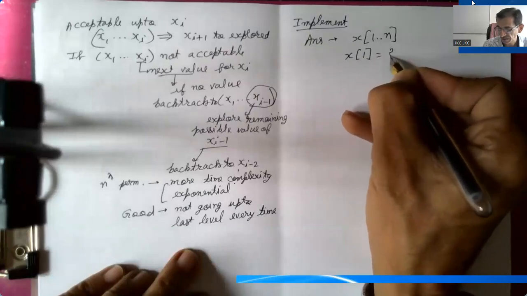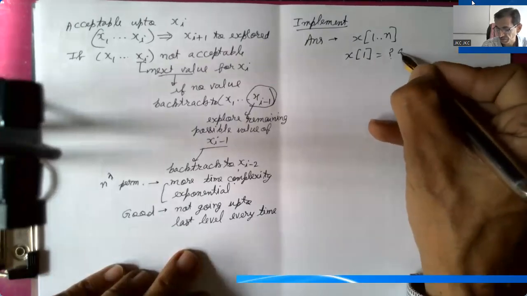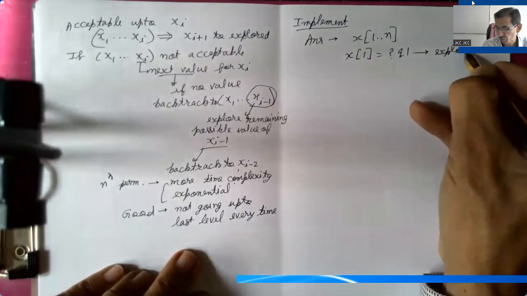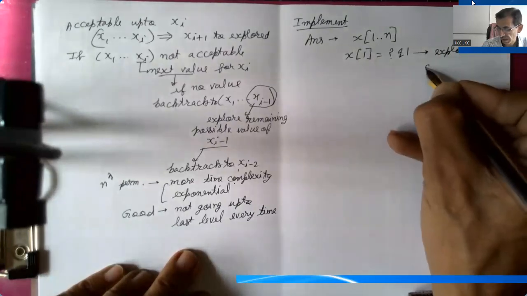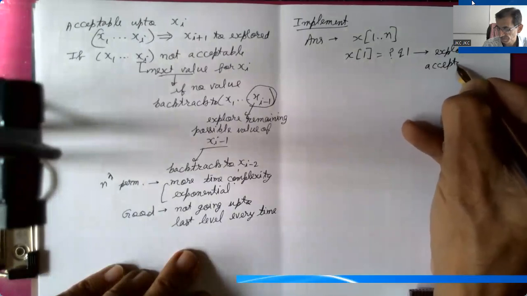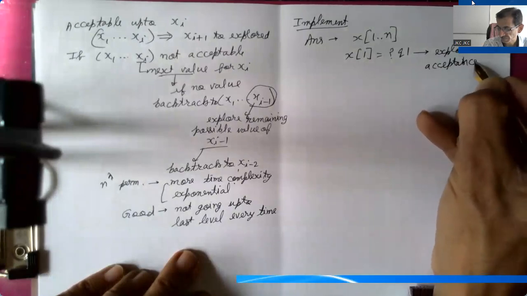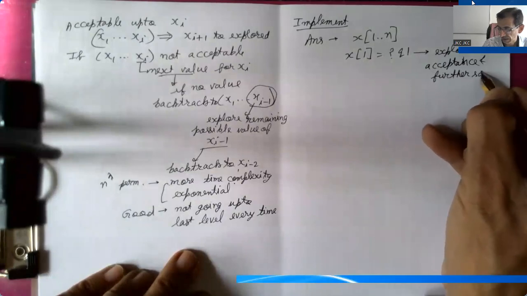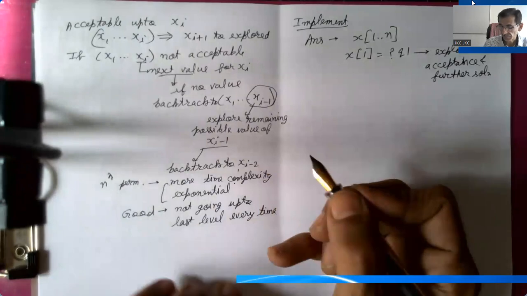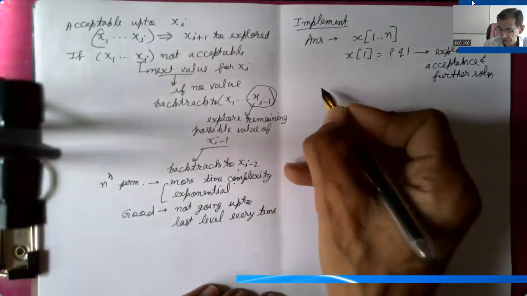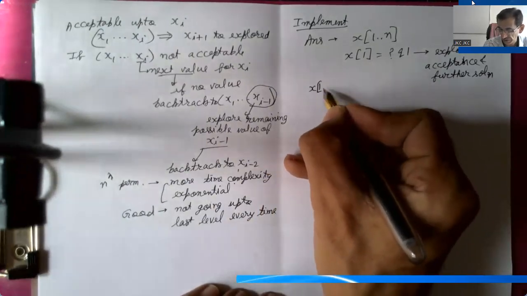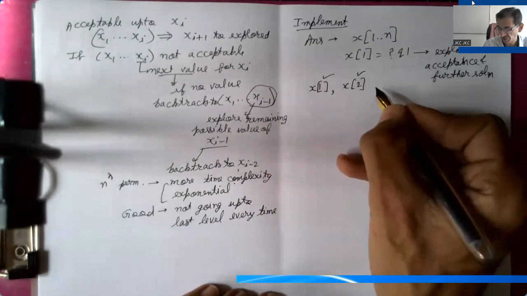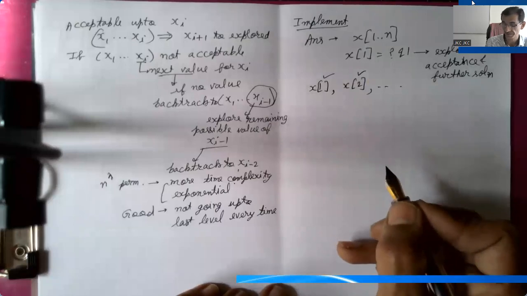X1 will be assigned some value for queen 1, and then explore further, exploring for acceptance and further solution. So my solution will be incrementally built. X1 will be built initially, then I will make another answer for X2 and slowly like that.